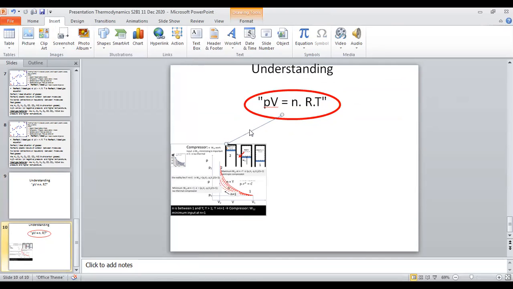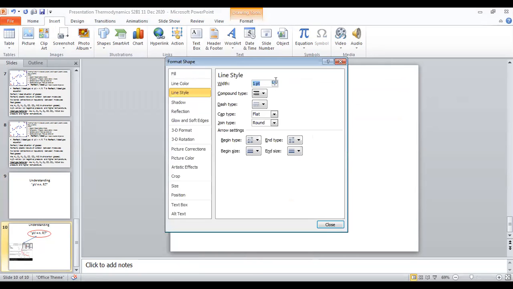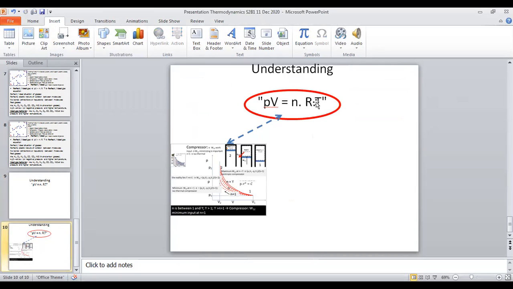That is the importance. You can see the connection.